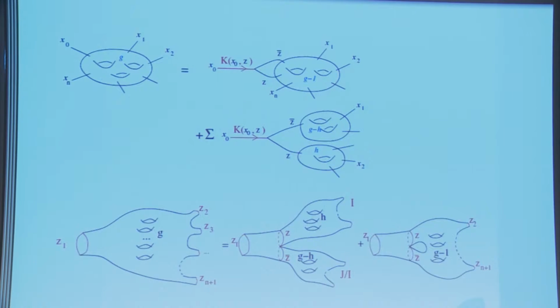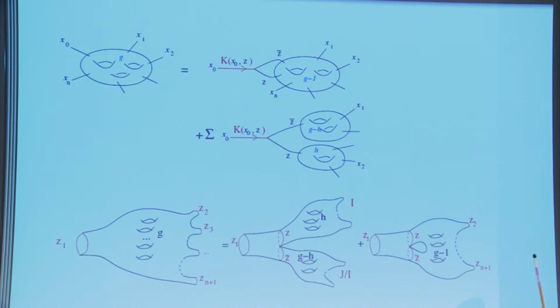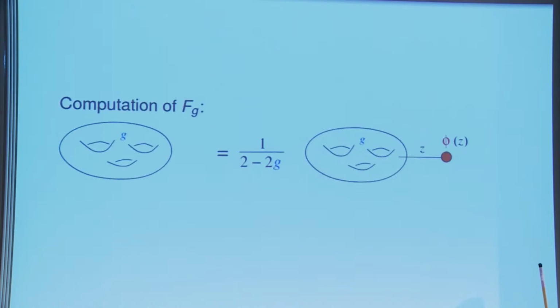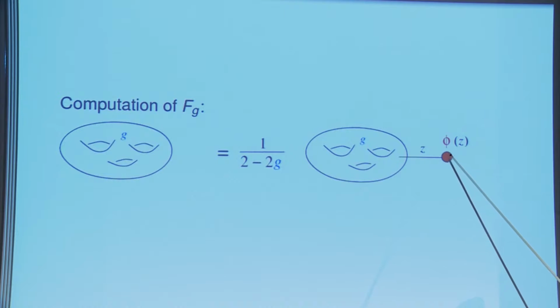Right? So let me show you how to compute Fg. Remember that to compute Fg, you take omega g,1, something with genus G and one puncture, and on the puncture you glue this function phi, which was the antiderivative of omega 0,1.